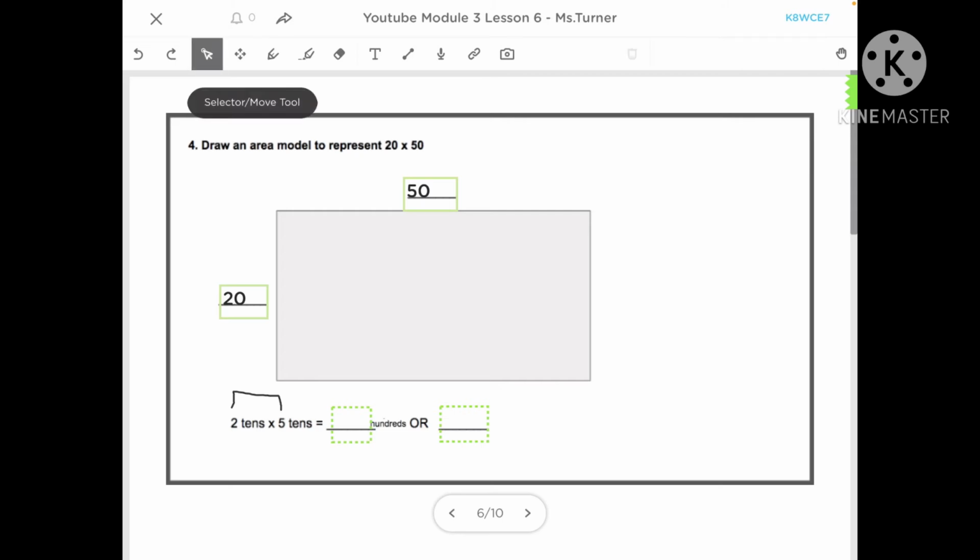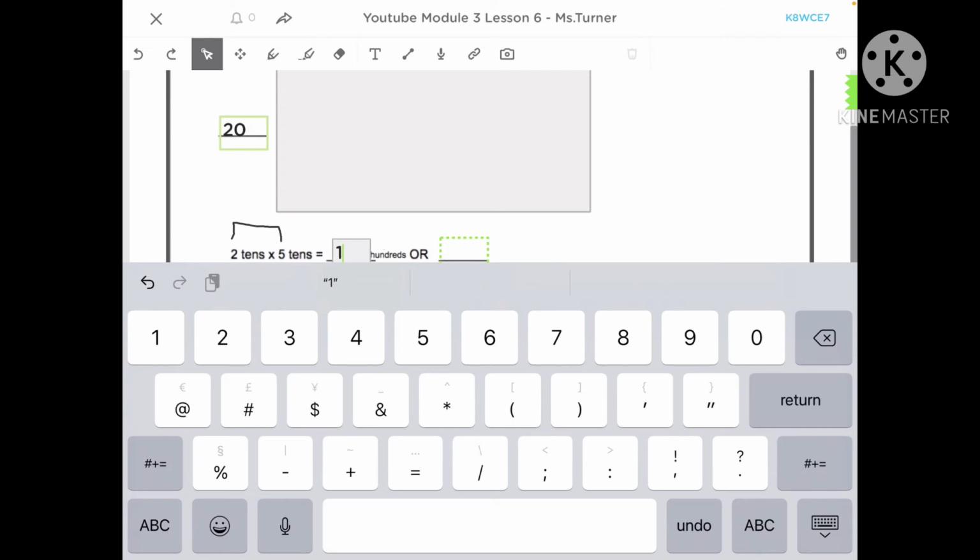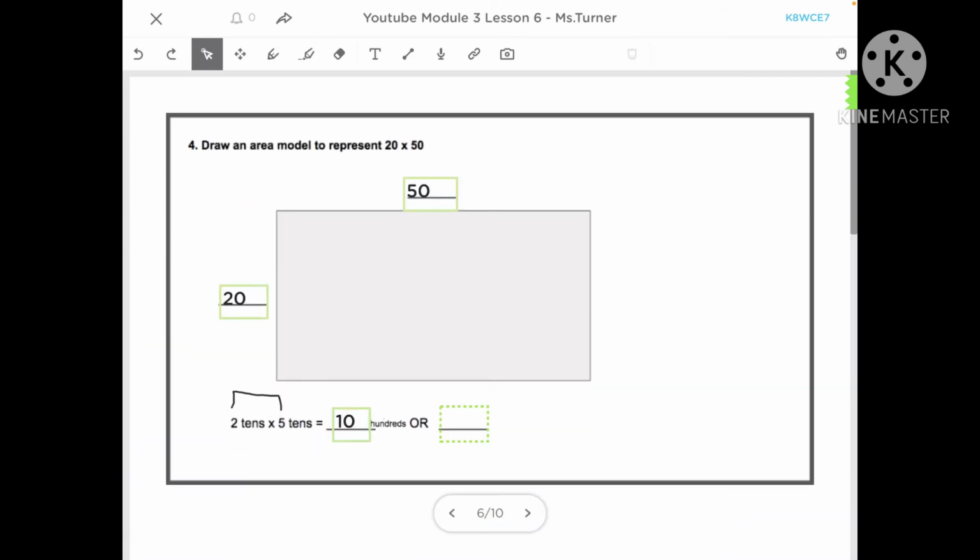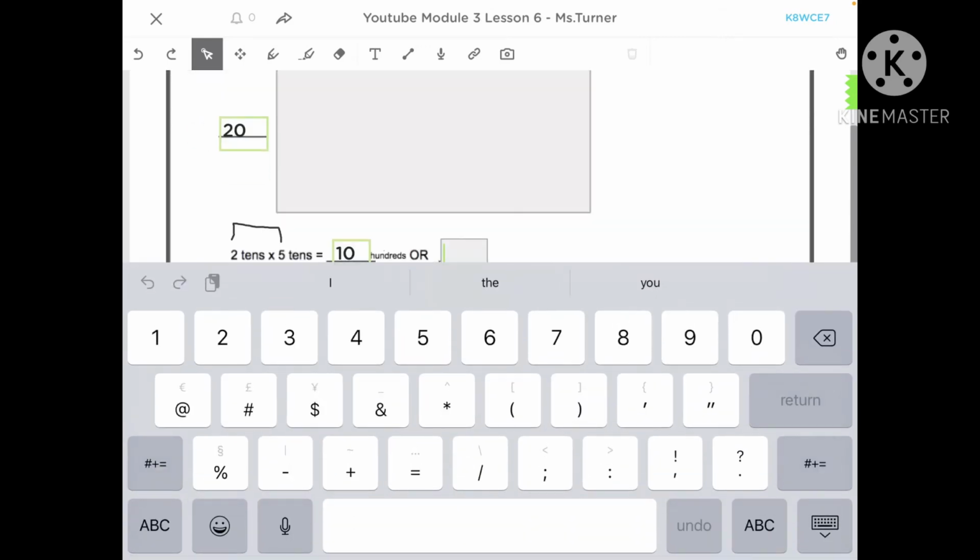So 2 10s times 5 10s equals how many hundreds? Good. 10 hundreds, which is the same thing as saying what? If I have 10 hundreds, 10 $100 bills, how much money do I have? Yes, good. 1,000.